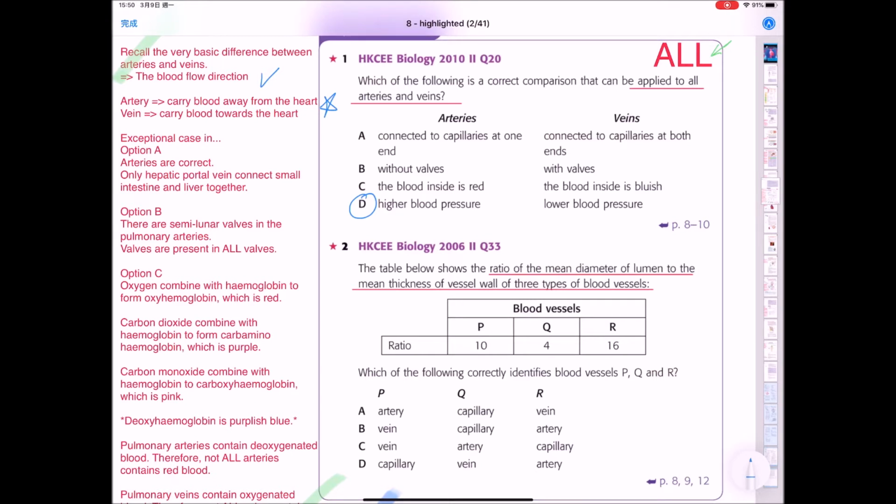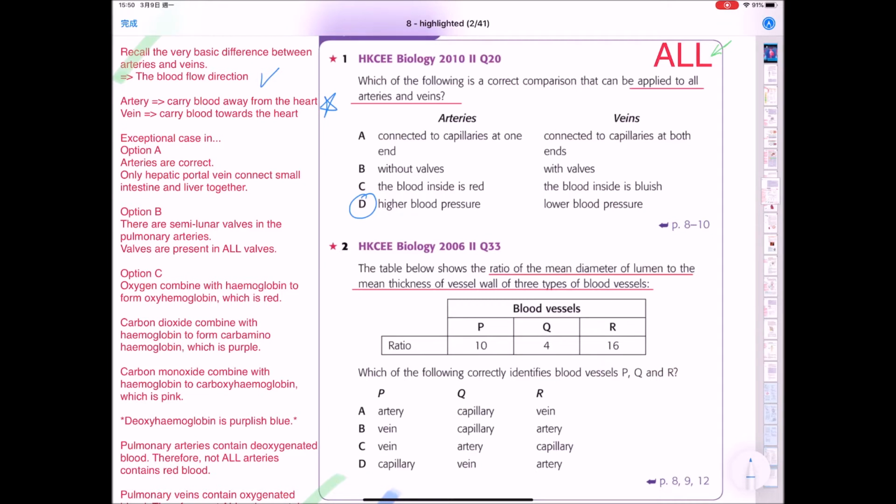This long distance is so far away from the pumping force origin, so the blood pressure must be very low, lower than that in the arteries. That's why option D must be the correct comparison. But why are options A, B, C wrong?